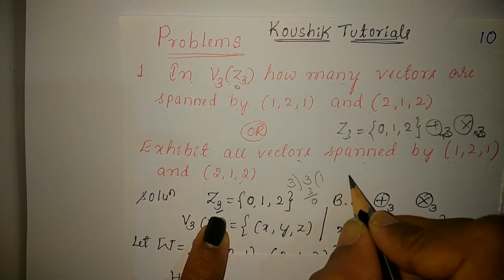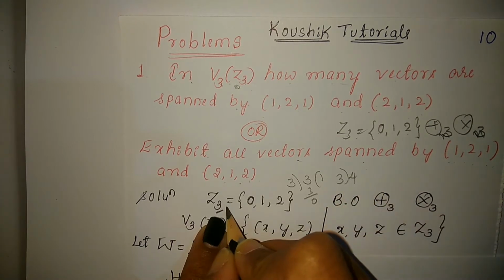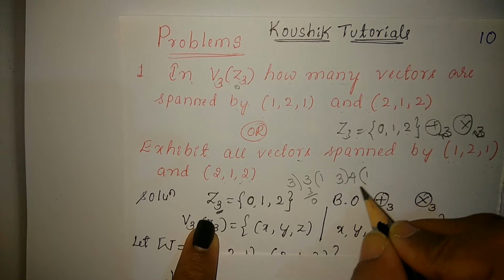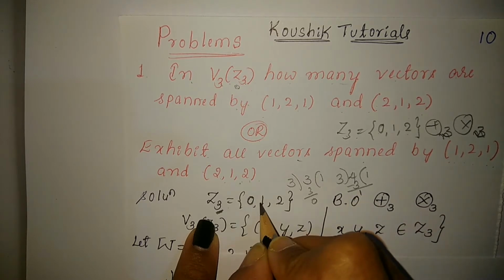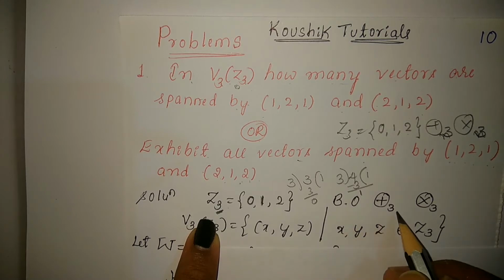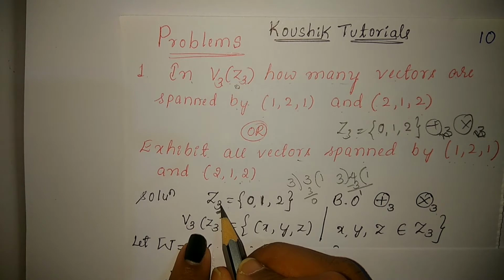If I take 4 and divide it by 3, 3 ones are 3, 4 minus 3 is what? The remainder is 1. Okay. So all the elements are repeating. So Z3 contains only 3 elements, namely 0, 1, 2, with respect to the binary operations addition modulo 3 and multiplication modulo 3. So this is the set Z3.